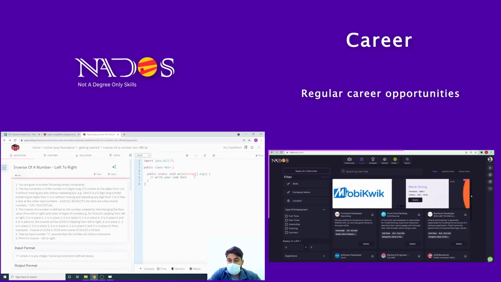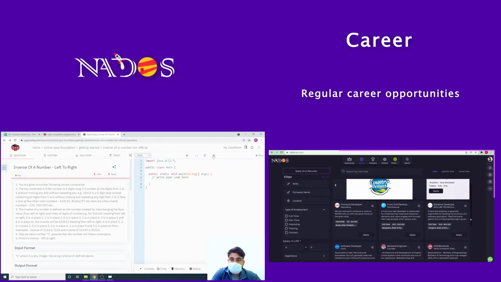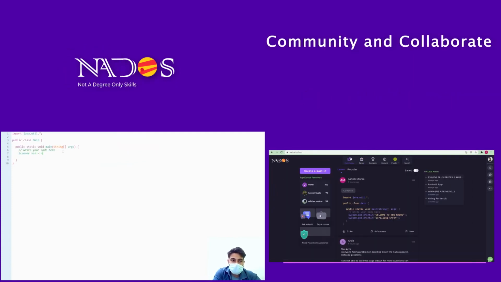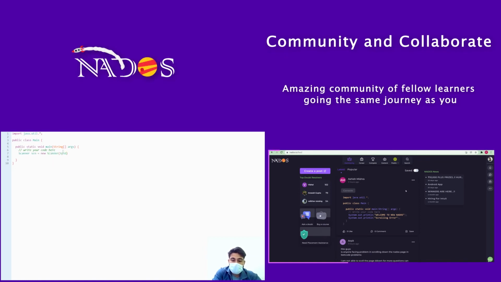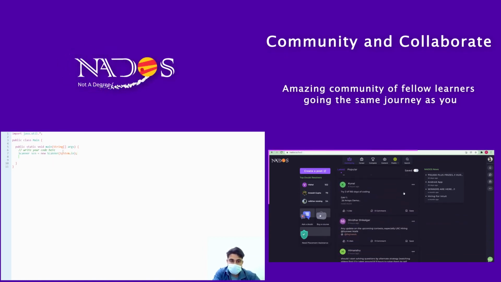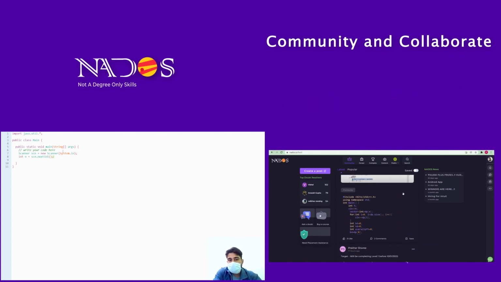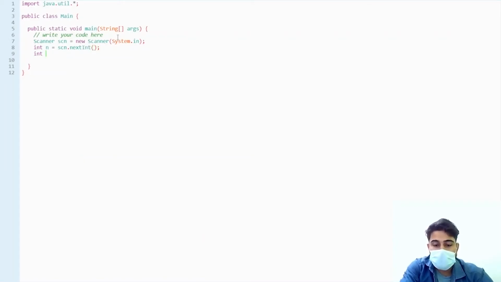So this is our coding portal, and at first we need to take the number. For this we create a scanner. Let me get the number. The first thing we are going to do is find the maximum digit, which is nothing but the total number of digits. So let me take a temporary variable and update it with n.